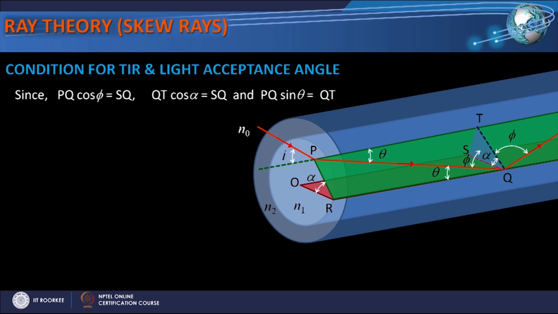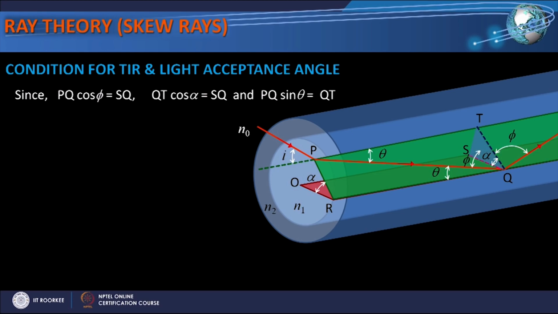Let me consider this plane which contains the incident light and reflected light, represented by green here, and QT is the normal at the core-cladding interface. And then let me also consider another plane which is a longitudinal plane, which contains this longitudinal line which passes through Q. So, basically this plane makes an angle alpha from this longitudinal plane.